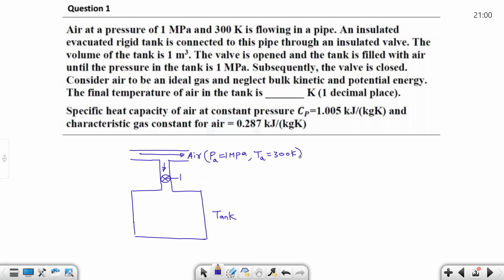An evacuated rigid tank means that initially the tank is in vacuum.